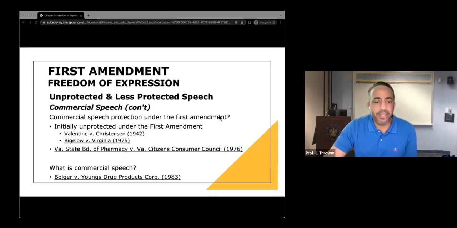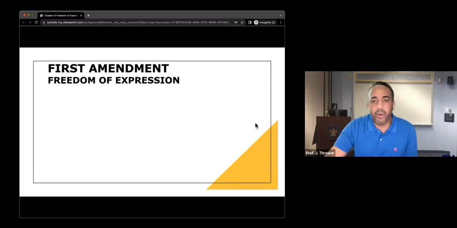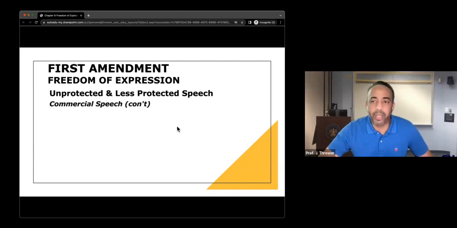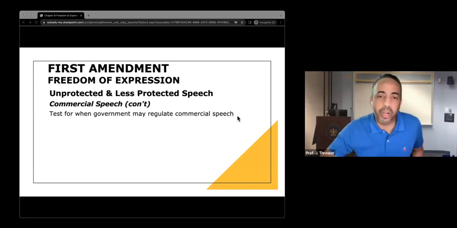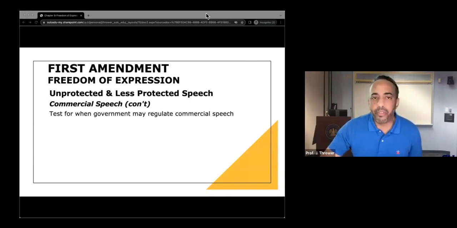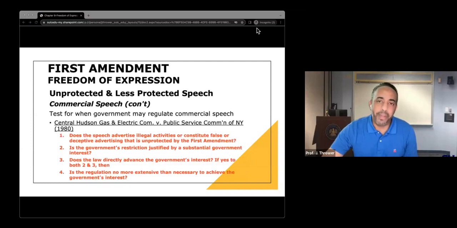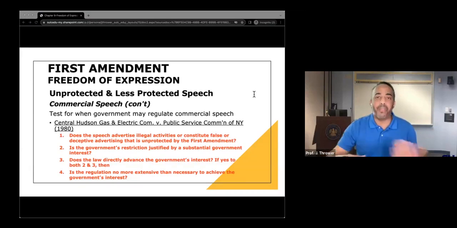And so in the Central Hudson case, we see the court again establishes a test for when the government may regulate commercial speech. And so in Central Hudson, the state of New York prohibited the electric company from advertising because it wanted to discourage energy consumption. And it felt that the company had a monopoly and really didn't need to advertise, right?